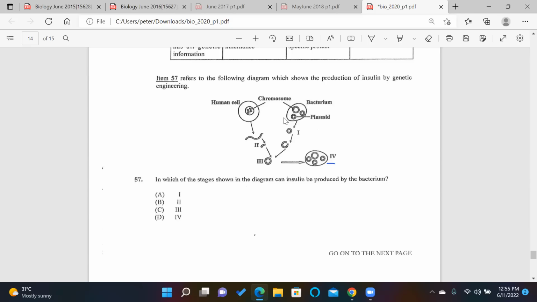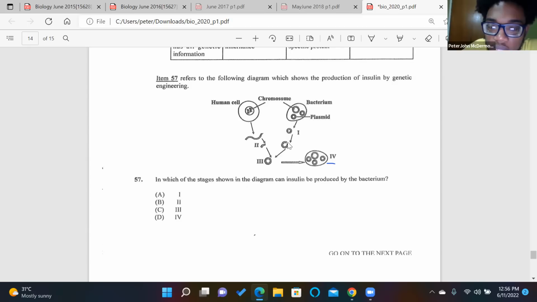The bacteria. All right, a plasmid is just how the bacteria stores its DNA, right? So this is the bacteria's DNA. So what's this? Chromosome. Try again. Plasmid.